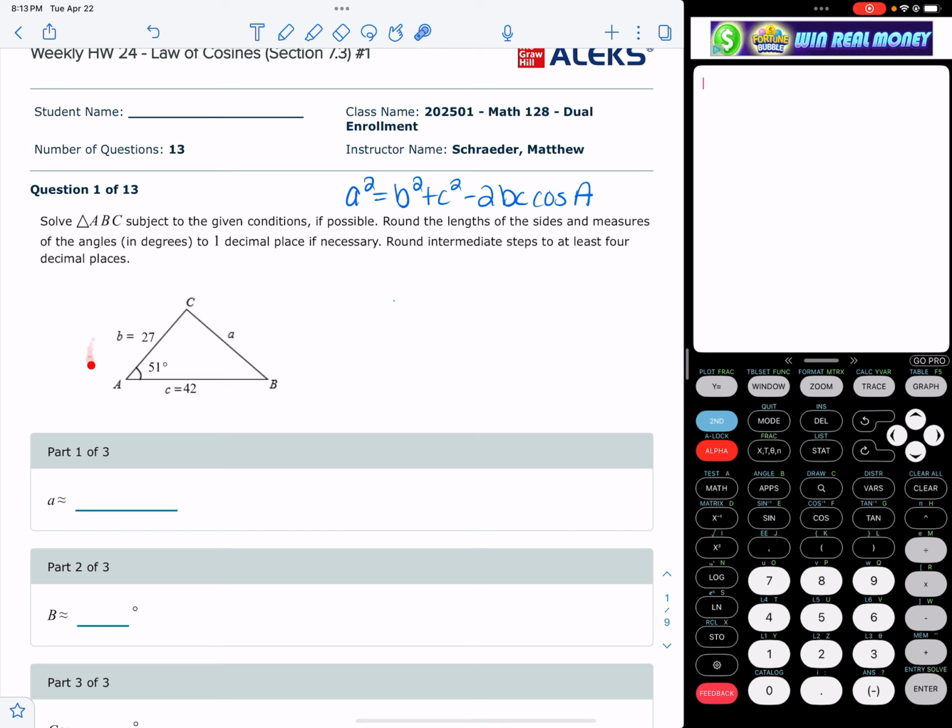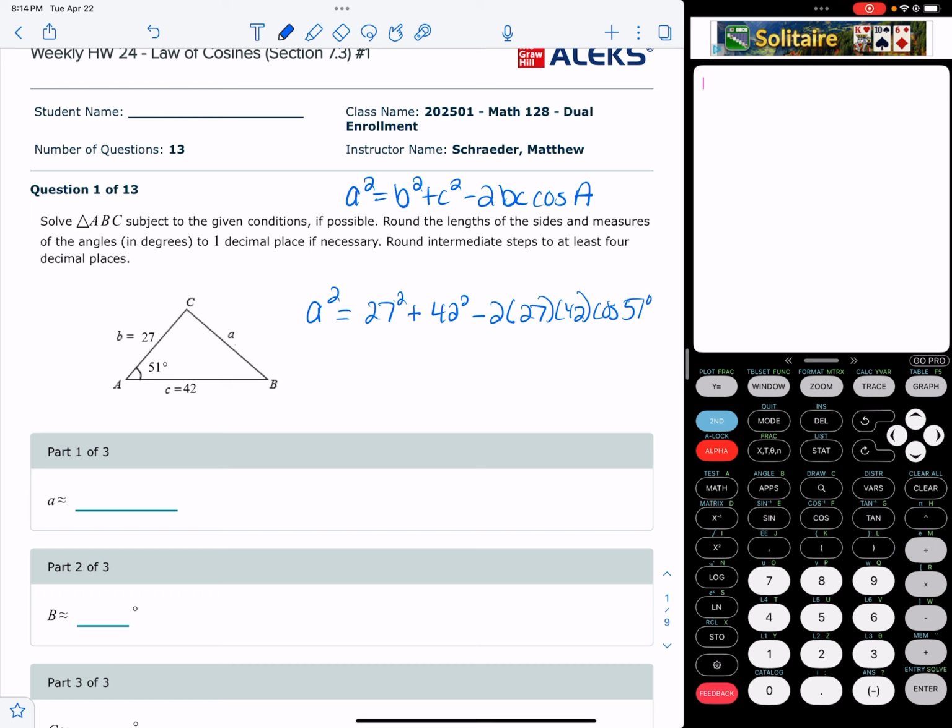Like I said, this is a pretty straightforward problem. We just set up for side A, so a squared equals b squared plus c squared minus 2 times b times c cosine of our angle, which is 51 degrees. When it's written like this, you can just type it all in the calculator at the same time.